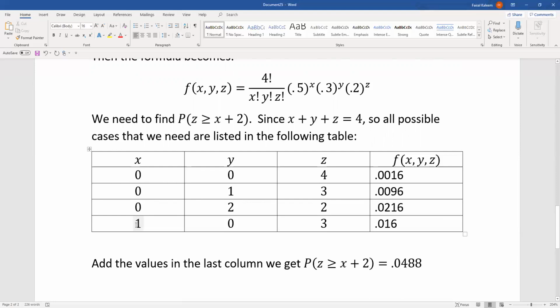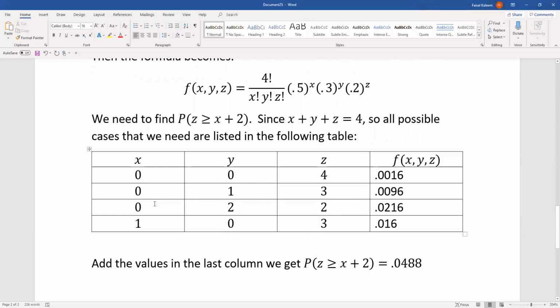Next, x is 1 and y is 0, and then z has to be 3, so z is at least 2 bigger than x. There are no other values for which z is at least 2 bigger than x and the values add up to 4. So these are the 4 possible cases.